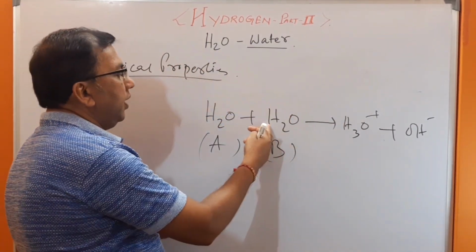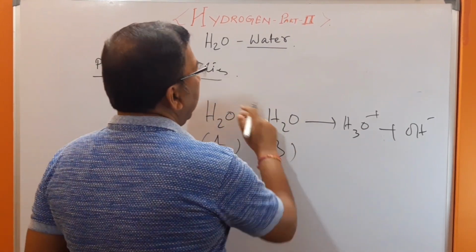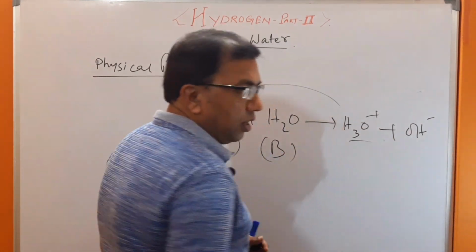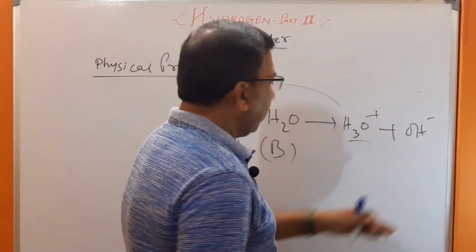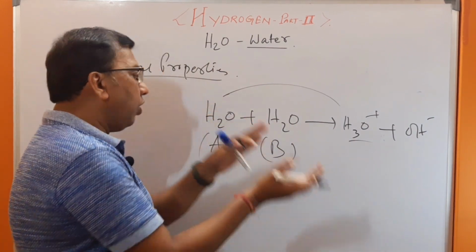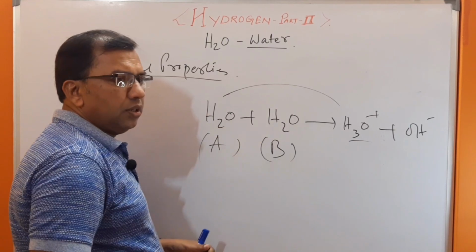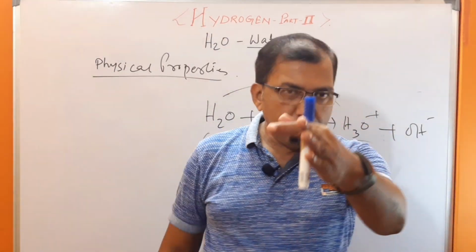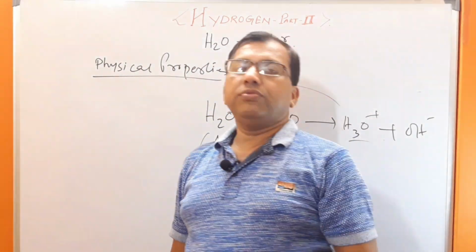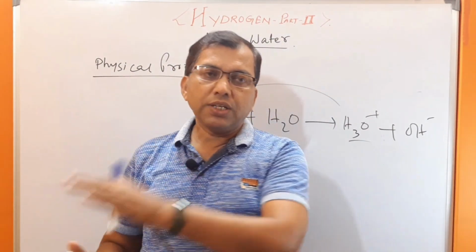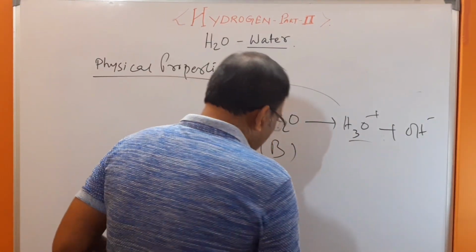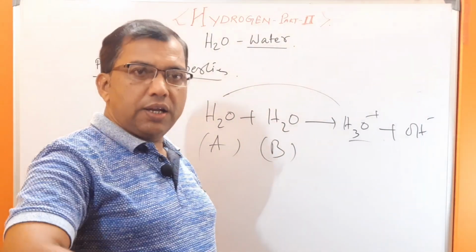It donates a proton, that is hydrogen, and forms H3O+, the conjugate acid, and OH-, the conjugate base. So this proves the autoprotolysis, and water is both acid and base, because water combines with NH3 and with SO2, forming conjugate bases and conjugate acids. So this provides the two properties of water, acidic and basic.